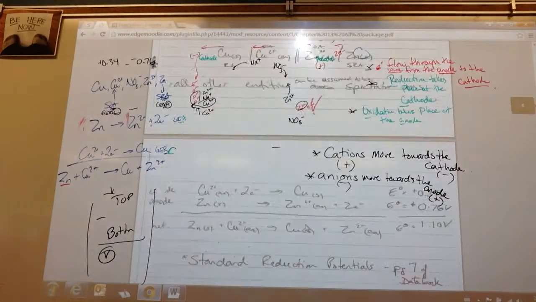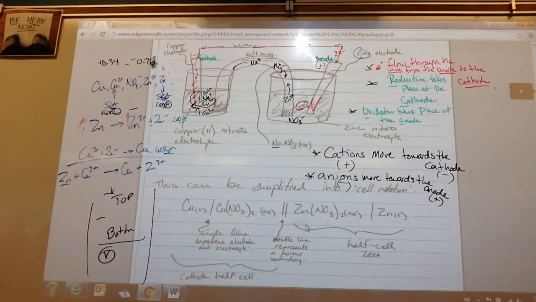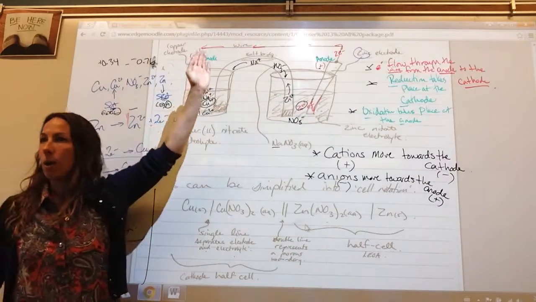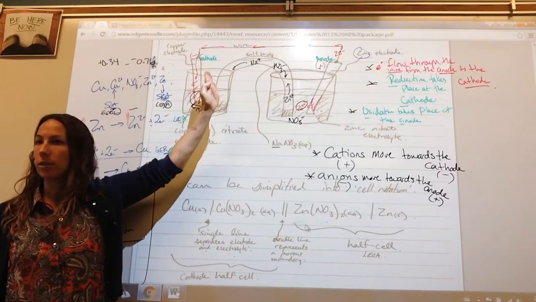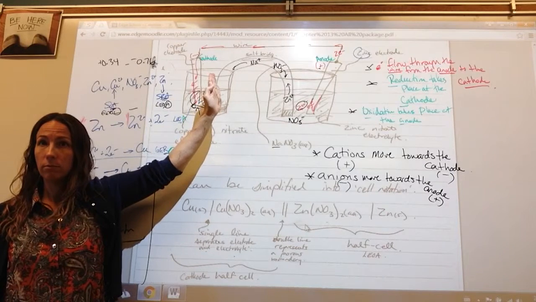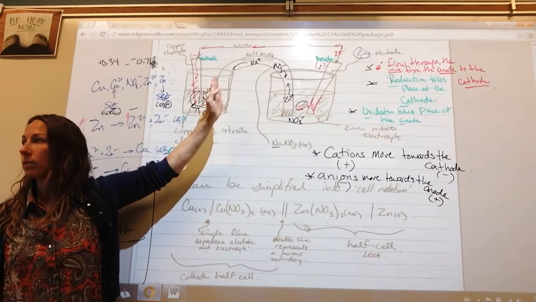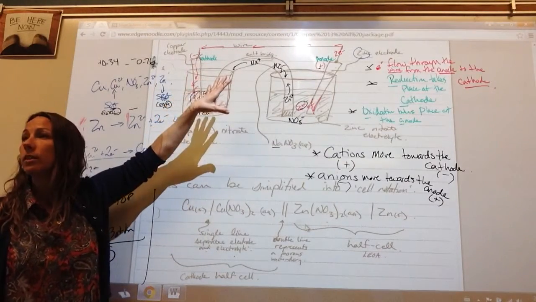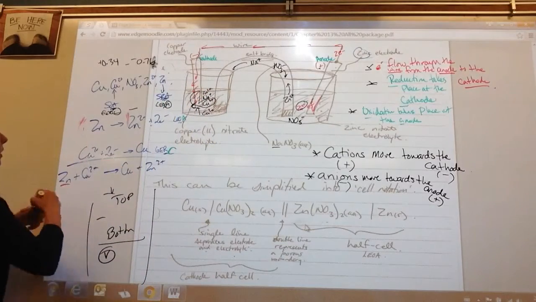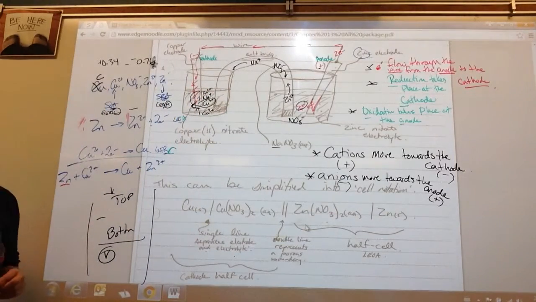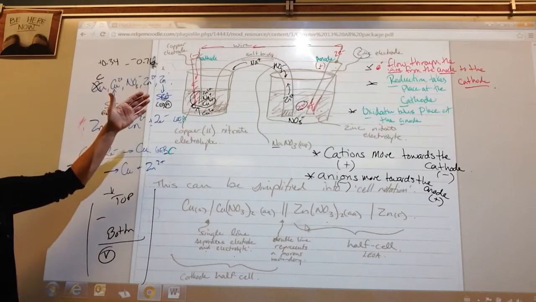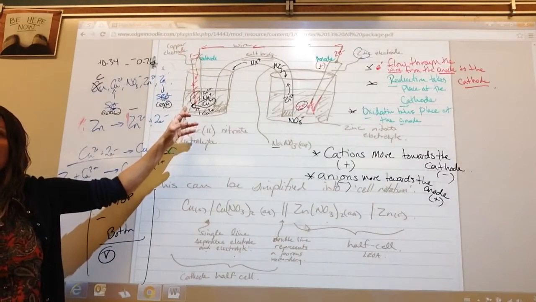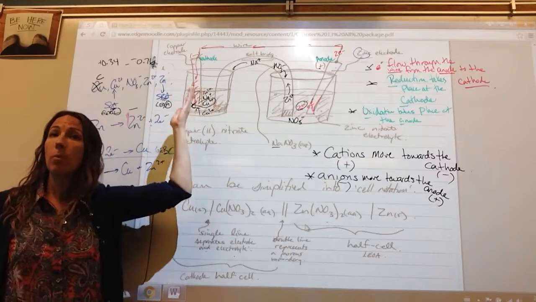So going up here to our pretty picture again, do you notice that this post, its only job is to have the electrons travel down it. I could put any conductor in there. If I took that piece of copper out and put in a piece of carbon graphite, it would still do the same job. Because when I'm listing it and I put carbon instead, it still wouldn't be my strongest. The carbon graphite would still allow the electrons to flow down, and would still allow the copper to be plated on it.